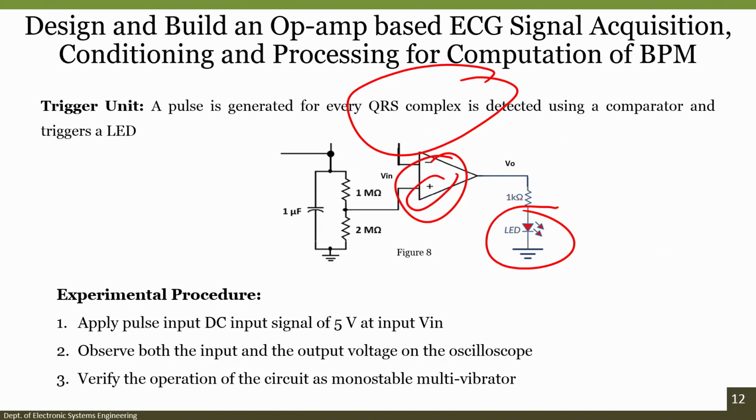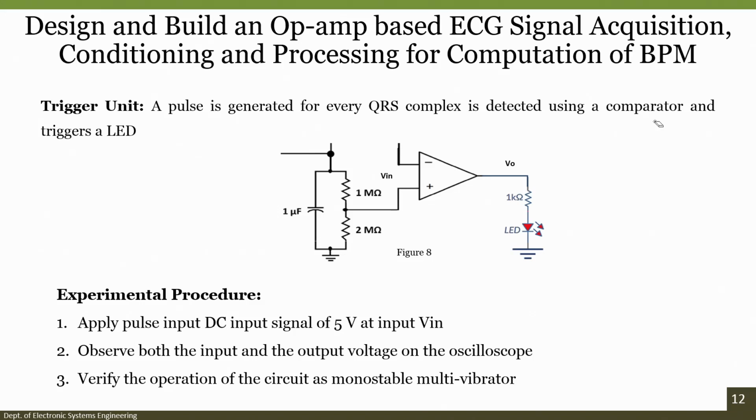When it is low, the LED will not glow, because it is a comparator circuit. You know the functioning of a comparator. If the non-inverting signal is higher than the inverting signal, the comparator output will be high. If the inverting signal is higher than the non-inverting signal, the output will be low, and based on that the LED will glow or not, depending on the signal at the output.